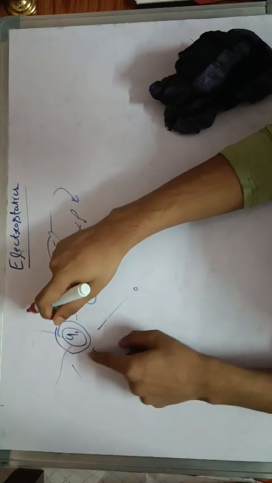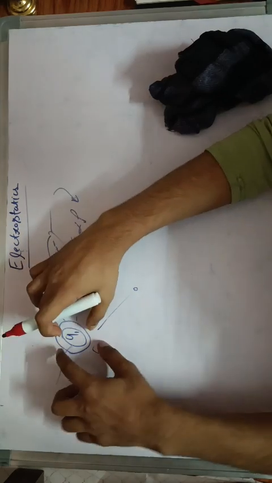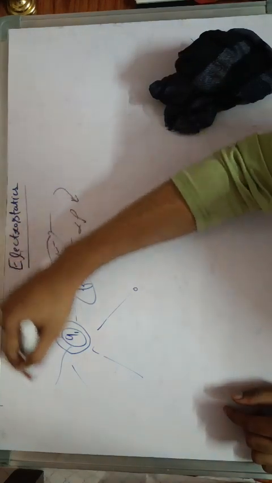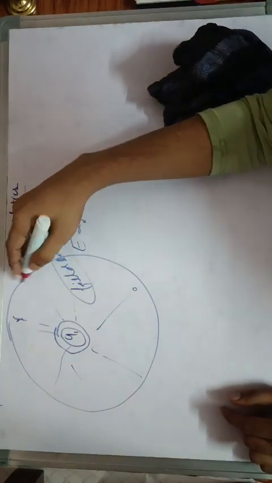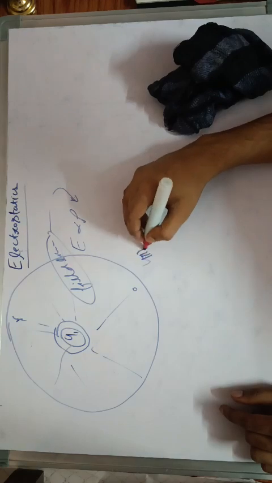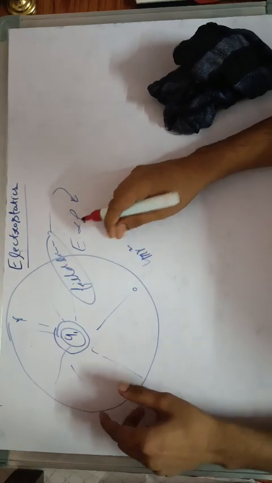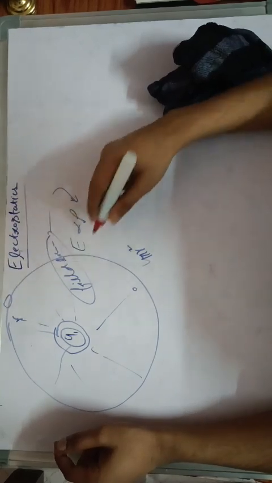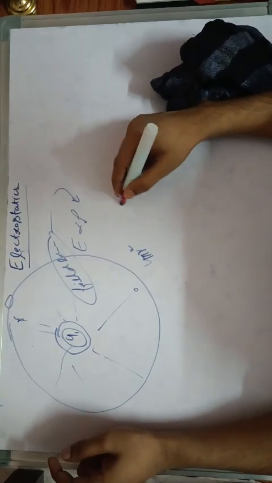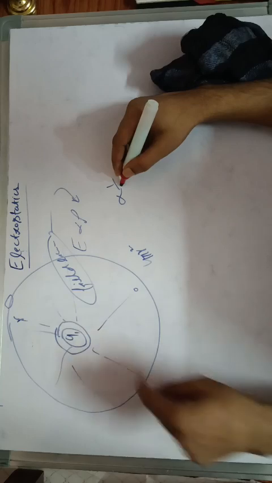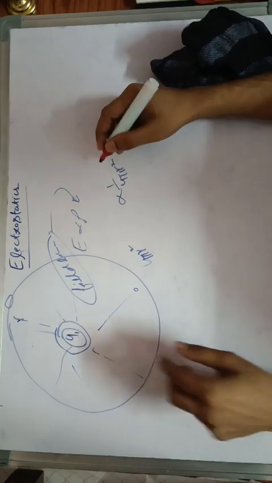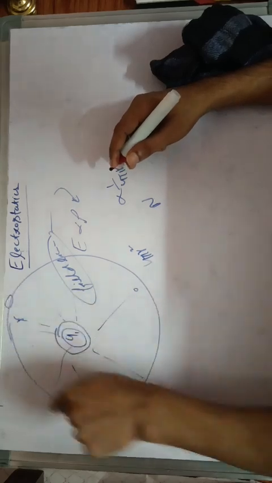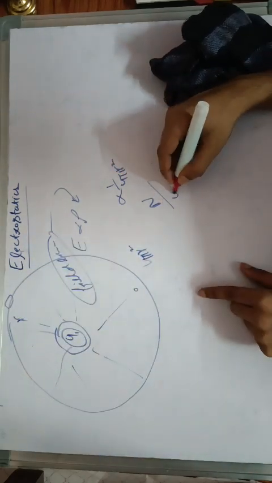We know that the whole set of field lines released from this point, after they spread out to a radius, let's say r, will be spread into an area of 4 pi r square. Means the number of field lines per unit area would be inversely proportional to the total area 4 pi r square, because the number of field lines is, let's say, n, and the more the area, the lesser the density.